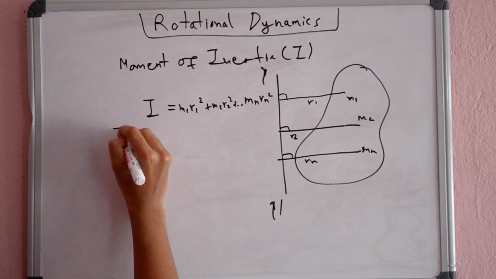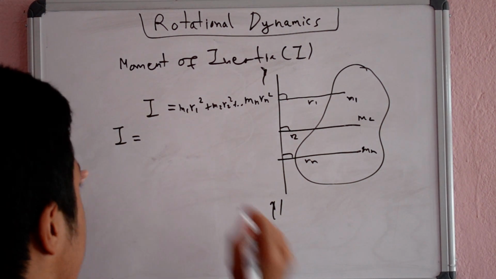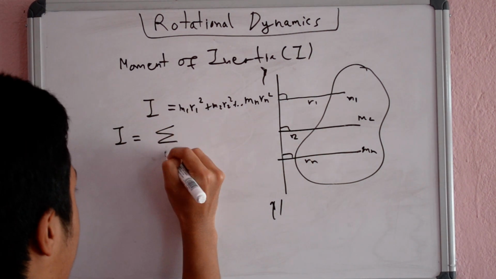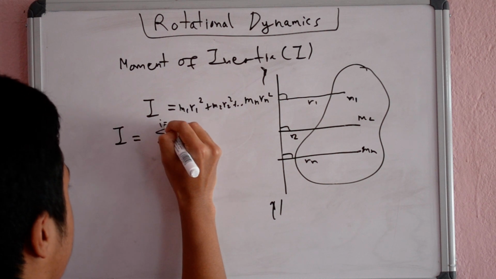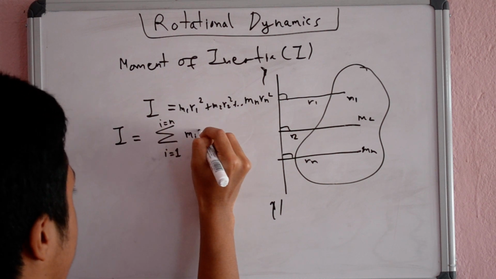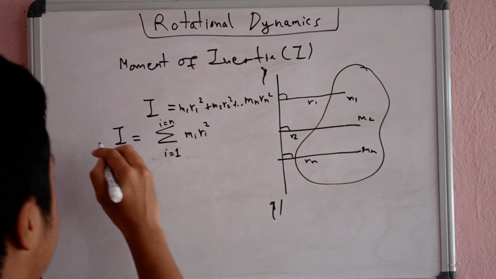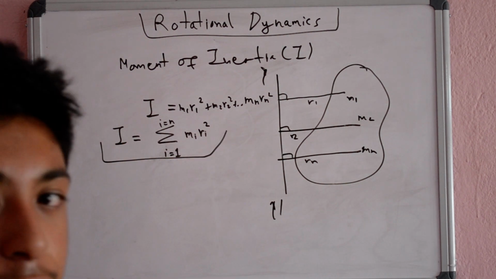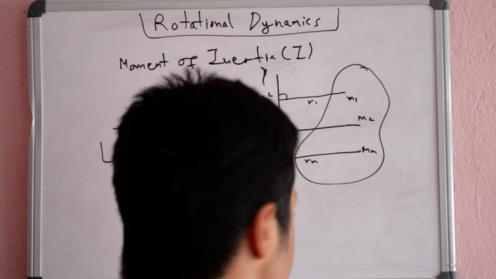So moment of inertia is the summation from i going from 1 to n of mi ri square. This is the definition of moment of inertia mathematically.